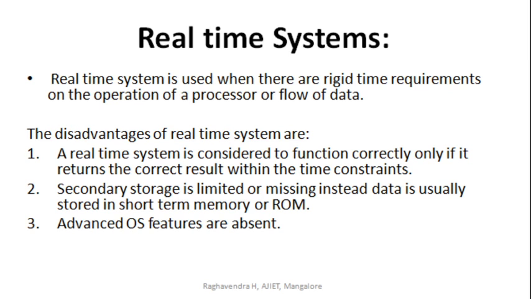Systems that control scientific experiments, like an ECG monitor or medical imaging systems, and some display systems are real-time systems, where you need an accurate output, like a scanner or an X-ray machine.